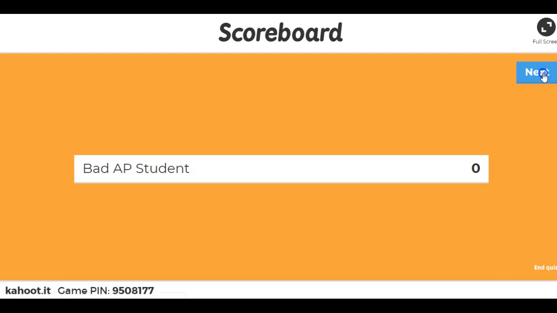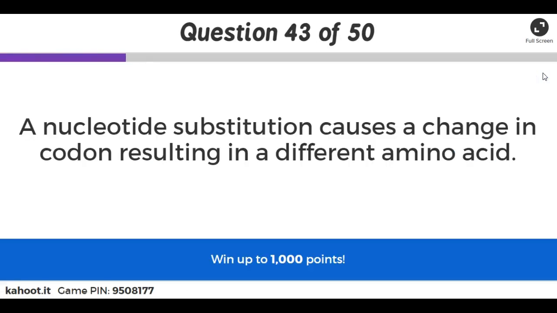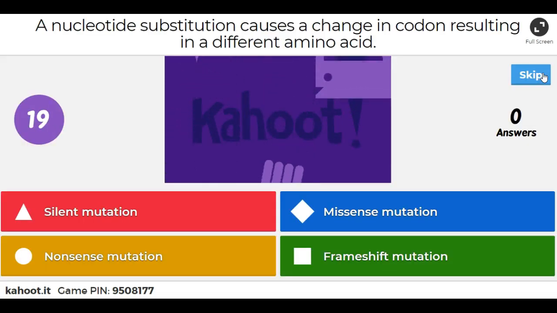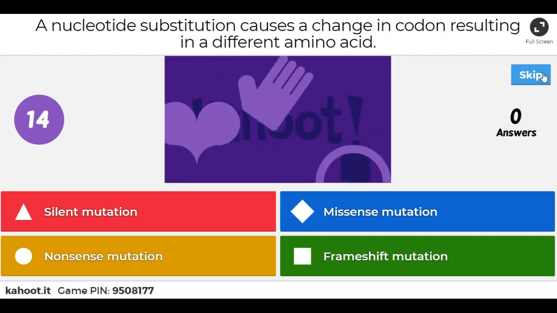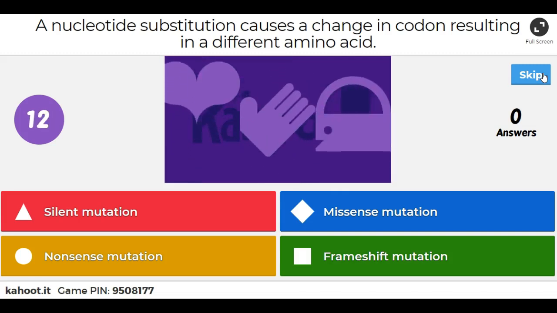All right, next question, 43. A nucleotide substitution causes a change in a codon resulting in a different amino acid. What is the type of mutation we're looking at?